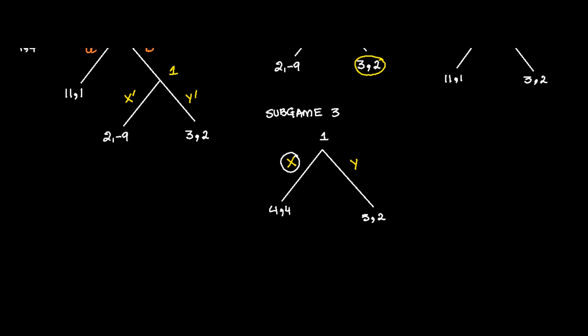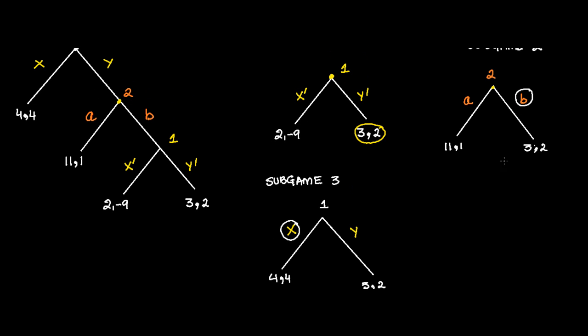So what we have seen is that the equilibrium outcome of the game is X. That is, player 1 is going to play X and player 2 is going to pick B. So the backward induction equilibrium outcome, I'll write this for you.